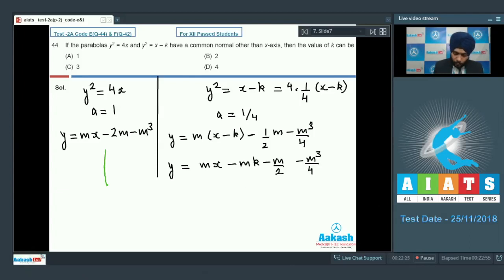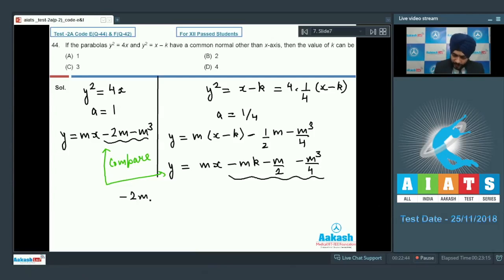Students, we have to compare these two equations of normals, and we can neglect m equals to 0 because that is the equation of x-axis. By comparing, I can already see that y and x have the same coefficient, so the constant term of both the equations has to be same.